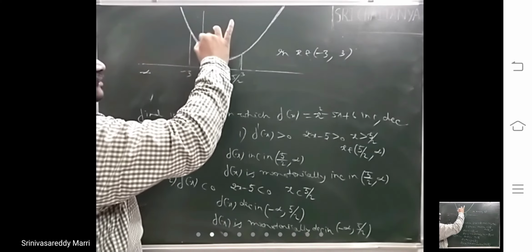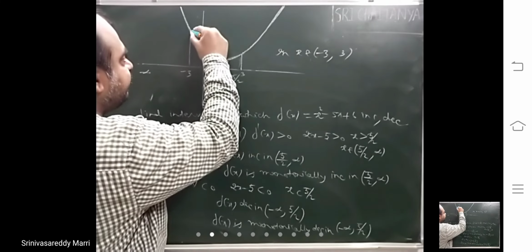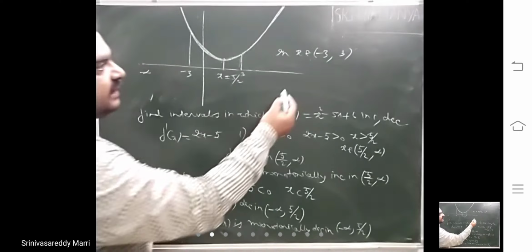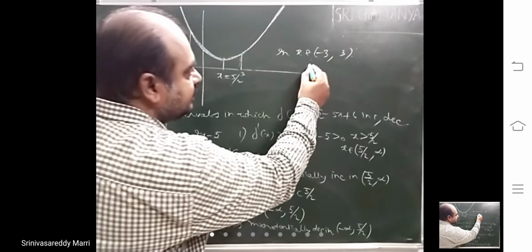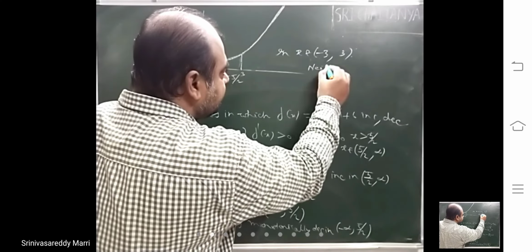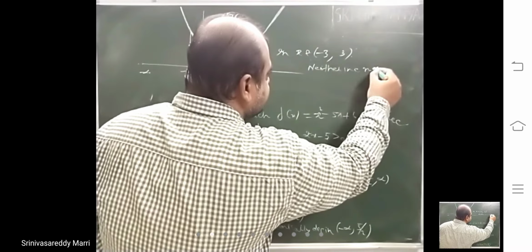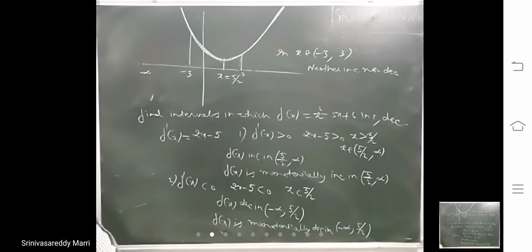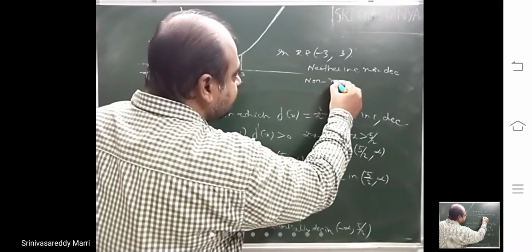From minus 3 to 5 by 2 decreasing and 5 by 2 to 3 increasing. In that case, in this interval, both increasing and decreasing are there. So you have to write neither. Neither increasing nor decreasing. This is called non-monotonic function.